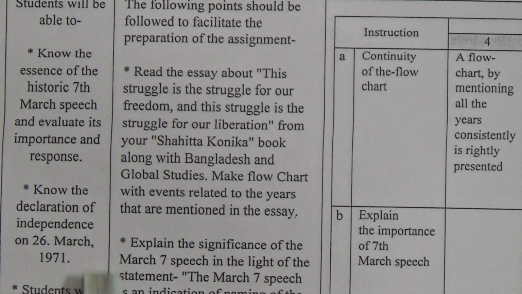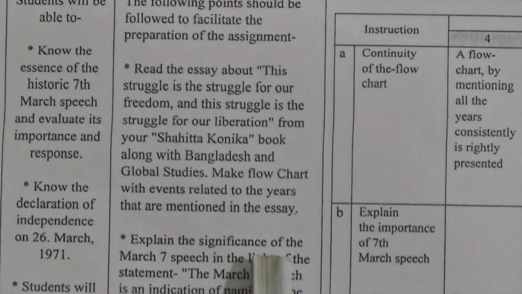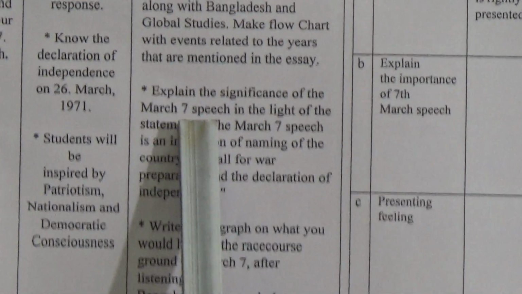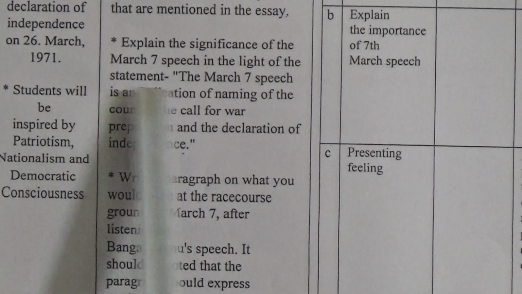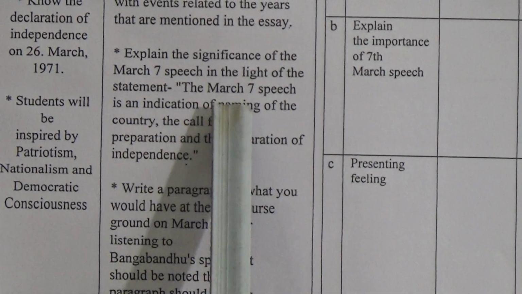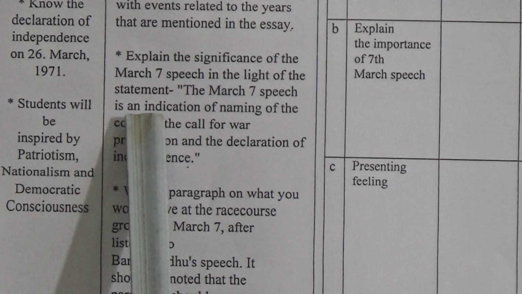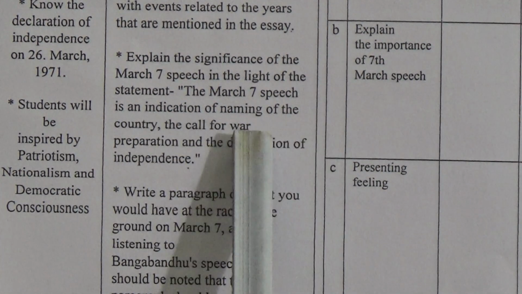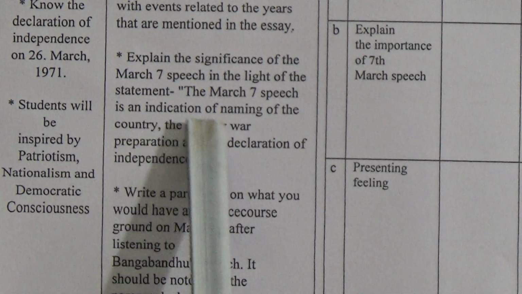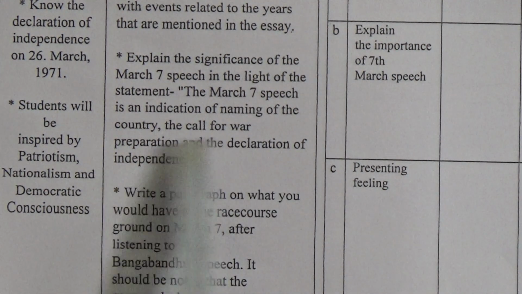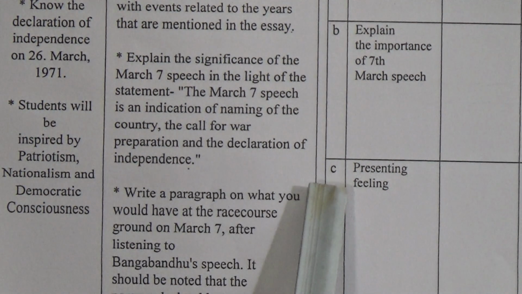And secondly, after making the flowchart, you have to explain the significance of the March 7 speech in the light of the statement. The March 7 speech is an indication of naming of the country, the call for war preparation and declaration of independence.